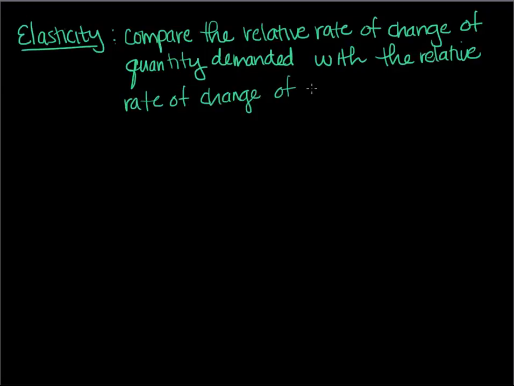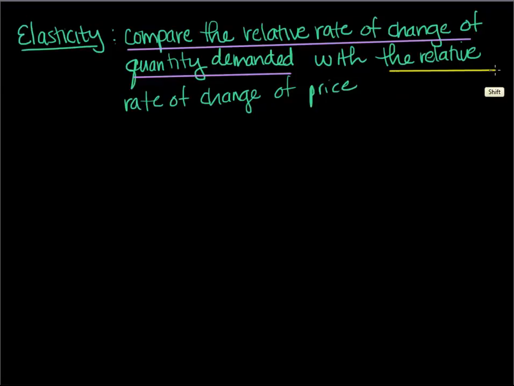So when we say this comparing thing, we're going to be taking a ratio of these two. The relative rate of change of quantity demanded is the top, our numerator, and the relative rate of change of price is the bottom. Those are the two things that I am going to be comparing.